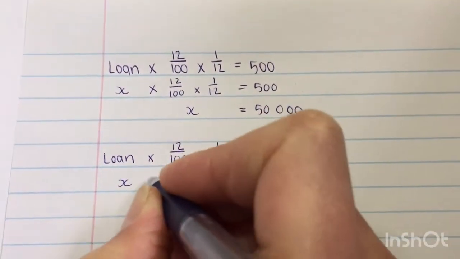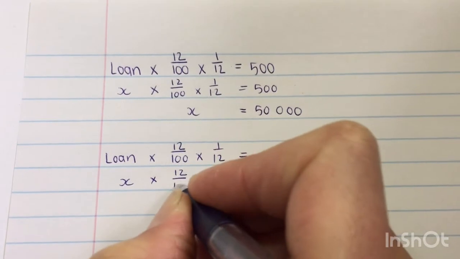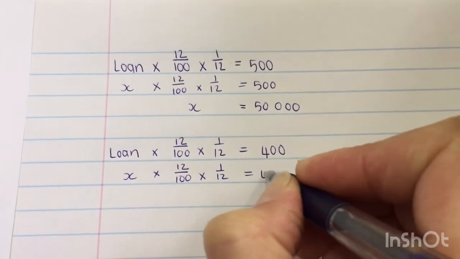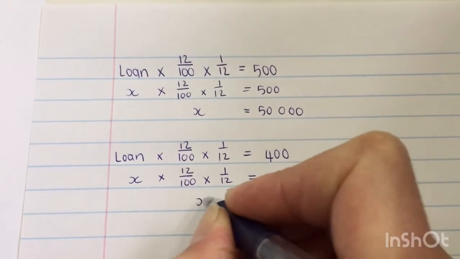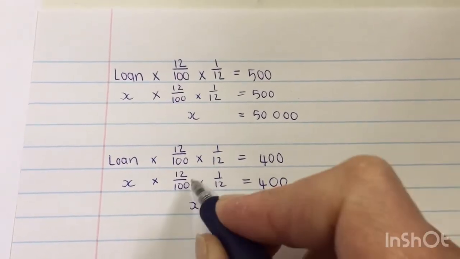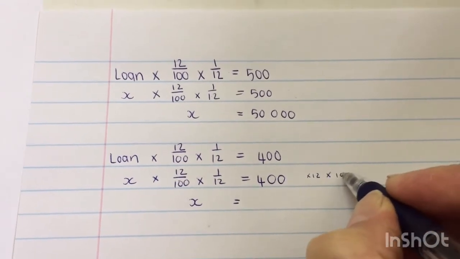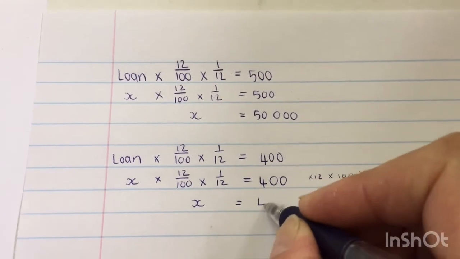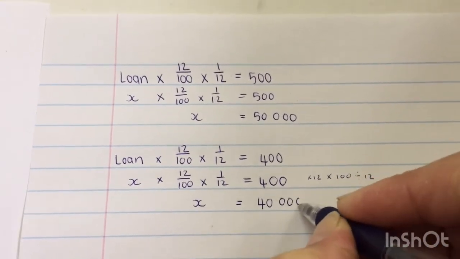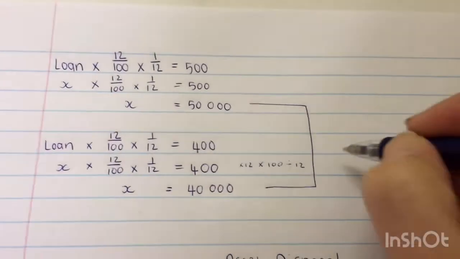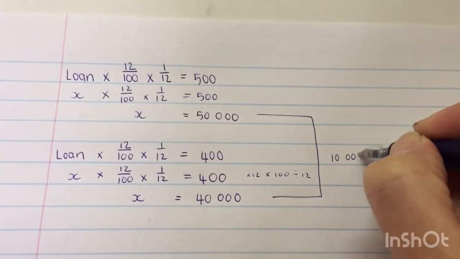So I substitute the loan with X, and then I just go and work out what is X. In order to do that, I'm going to multiply with 12, I'm going to multiply with 100, and I'm going to divide with that 12, and then I get 40,000. So the amount that I repaid on my loan is 10,000.